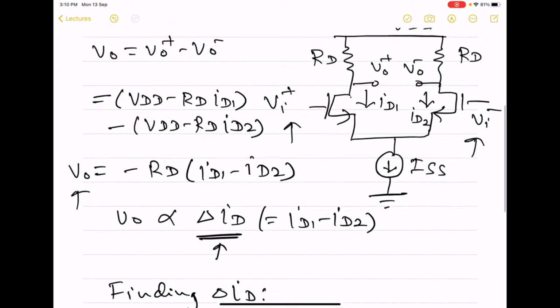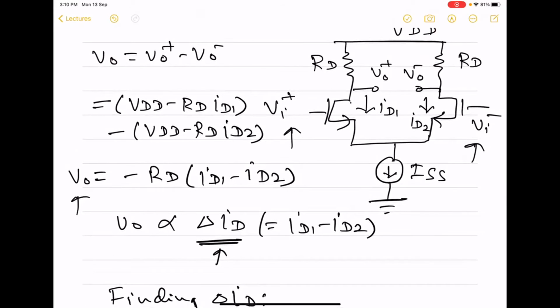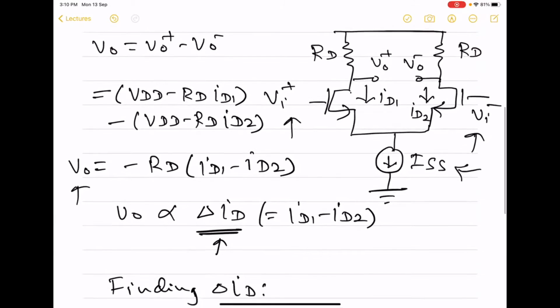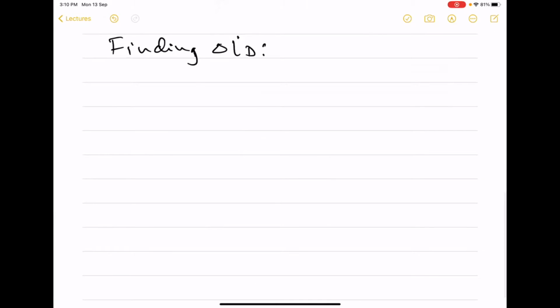Now to find this difference of drain current, we will not go into the entire detail of the derivation, but we'll write the key equations and point out how to proceed. There are two or three sets of equations which are going to be valid. One is for the tail current ISS and the two individual drain currents. The first equation that is always valid is that the sum of the two individual drain currents is equal to the tail current, or the bias current.